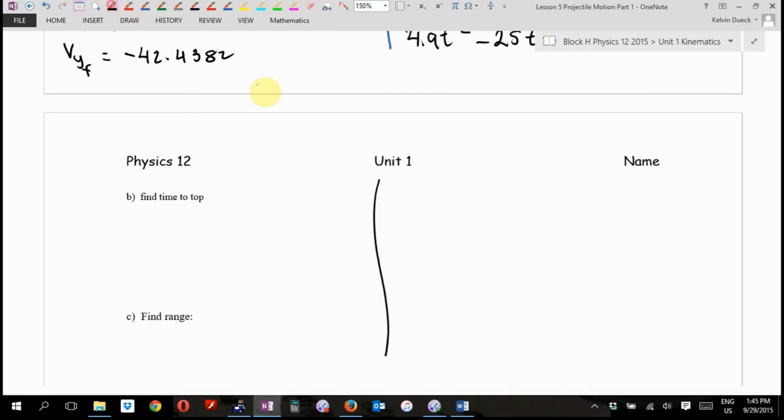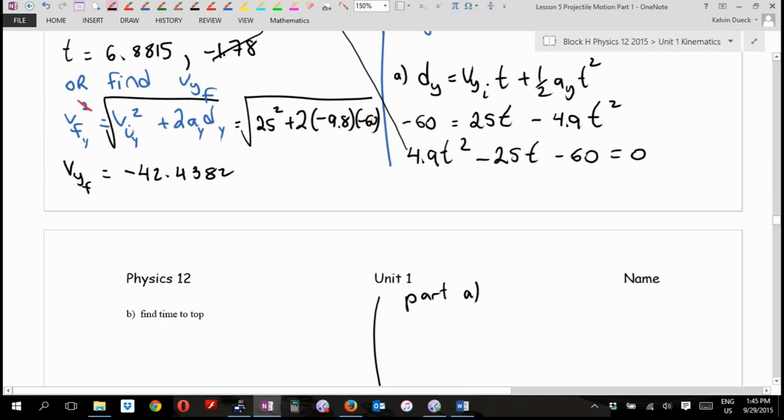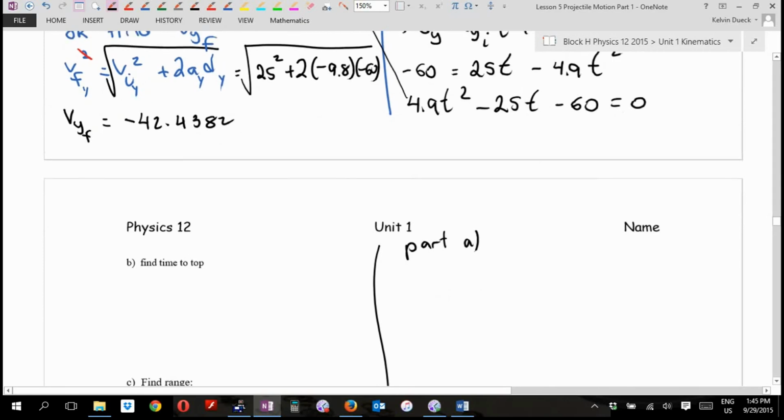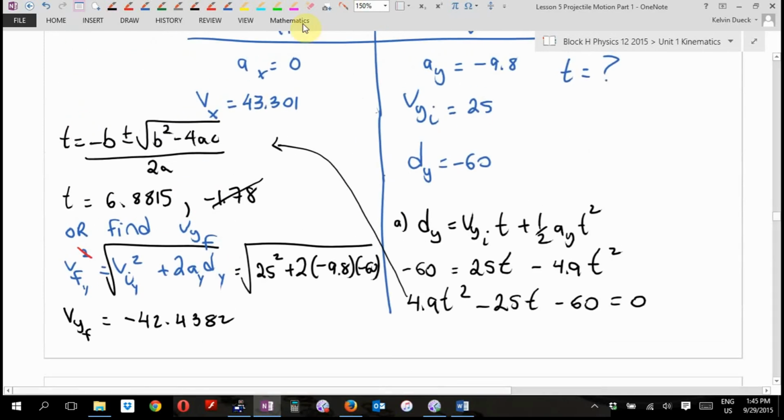Let's say part A. And next year I'll leave a whole page. Sorry. Now why does that help? We already used our solver. What did we say? Time equals 6.885. Now that I have Vy final, please tell me, is there an equation that has a t in it, a V final, and a V initial, and a d if I need it, but I don't think I do.